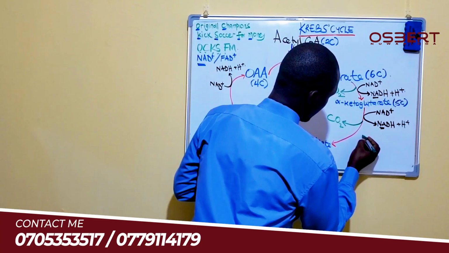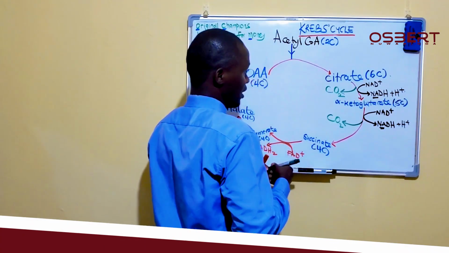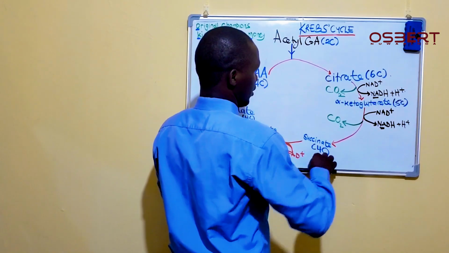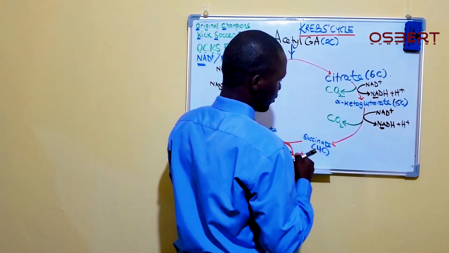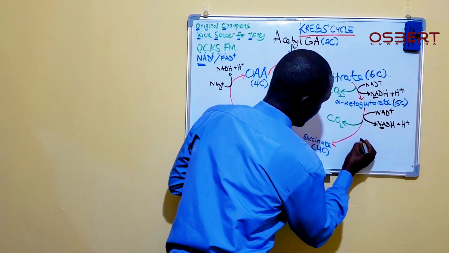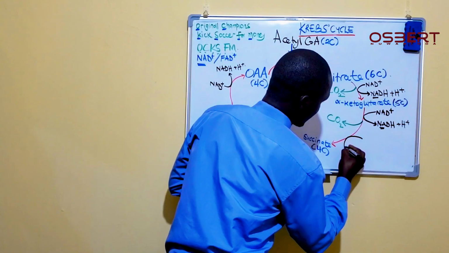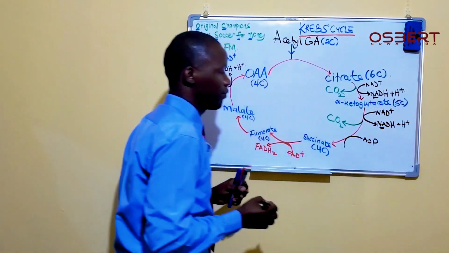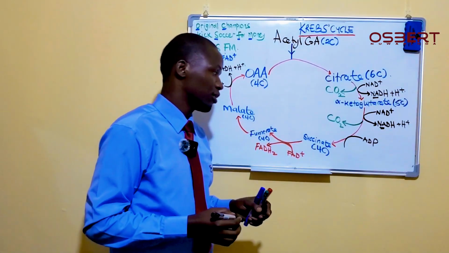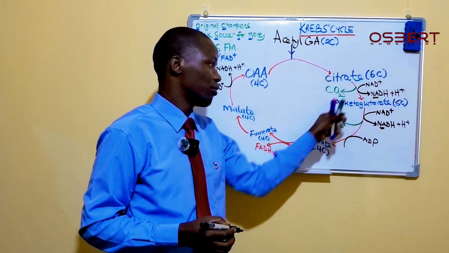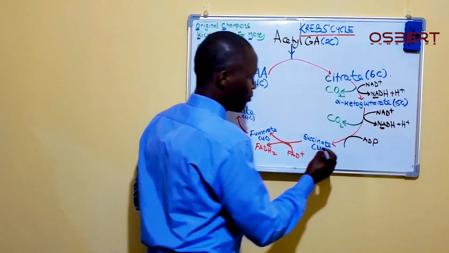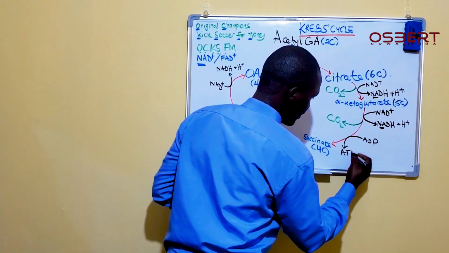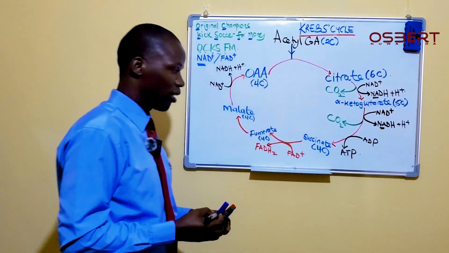That phosphate, after it has been lost, will combine with ADP. So the phosphate gotten from this reaction is going to combine with ADP, and we are going to form ATP.